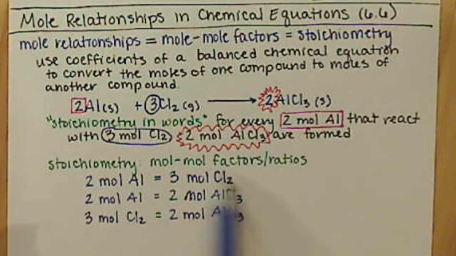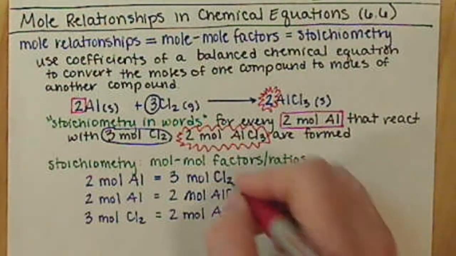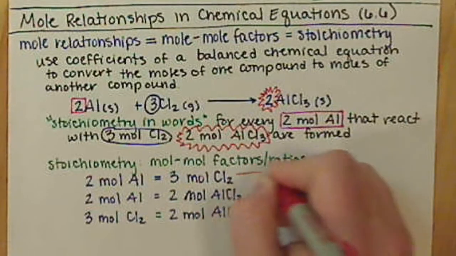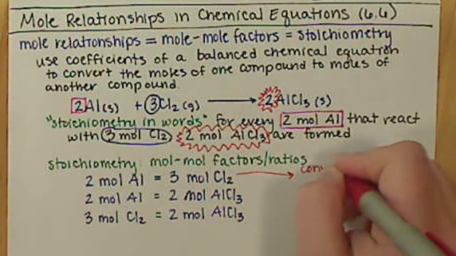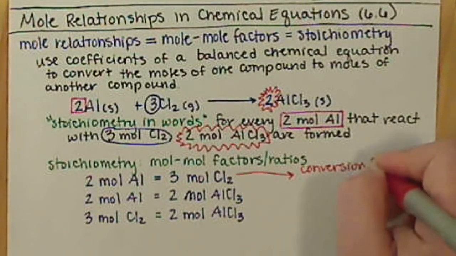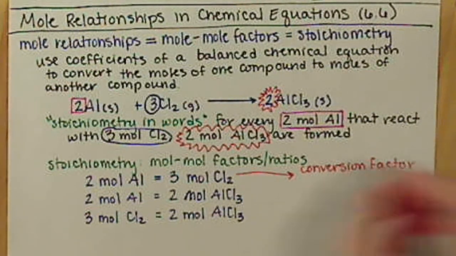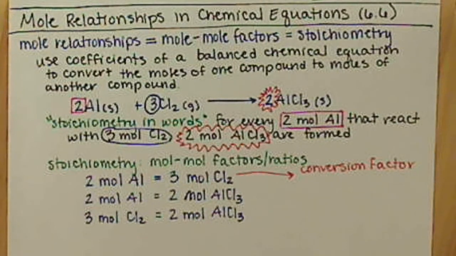So basically we have equivalents here. Remember, our equivalents we can write as conversion factors. So these are our conversion factors, or we can write them looking more like a ratio.